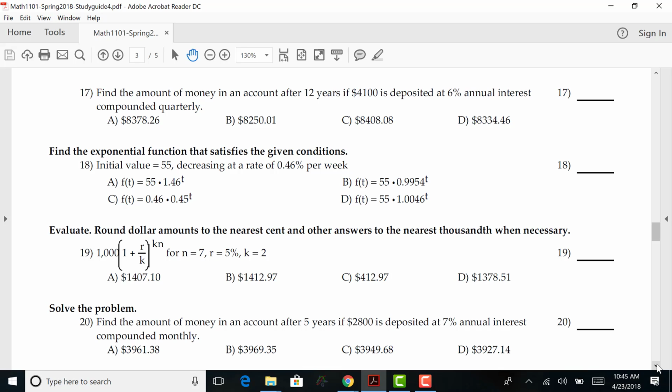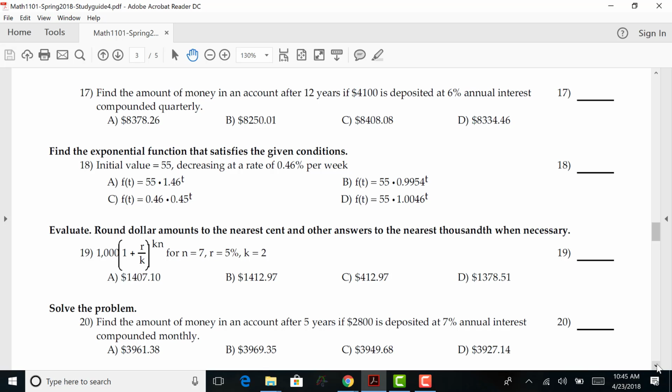So I've got $2,800 times 1 plus 7%, which is 0.07, divided by how many times compounded monthly, which is 12, and then you're gonna have 12 times how many years? 5 years. In the calculator, then you should get the answer.